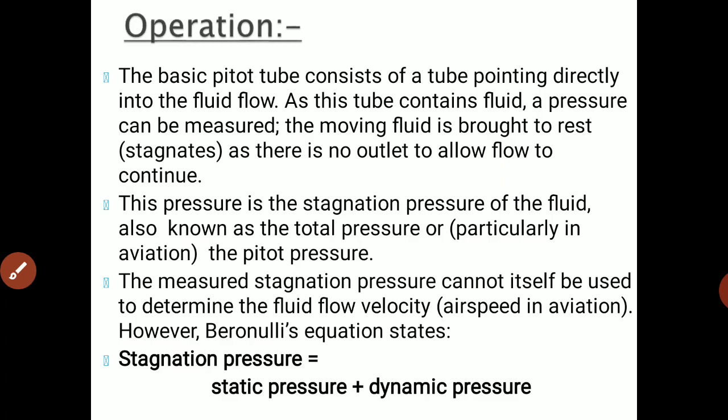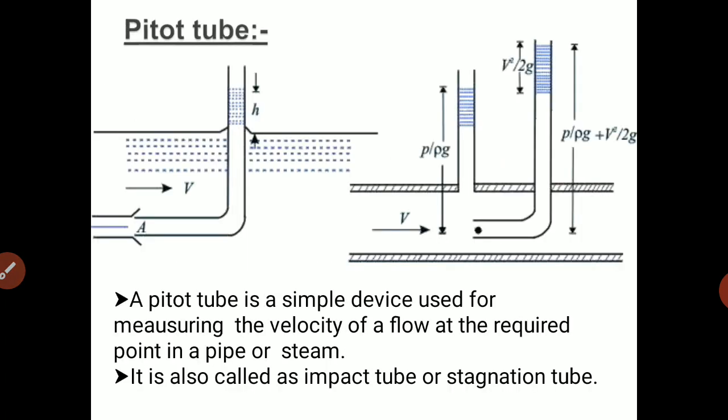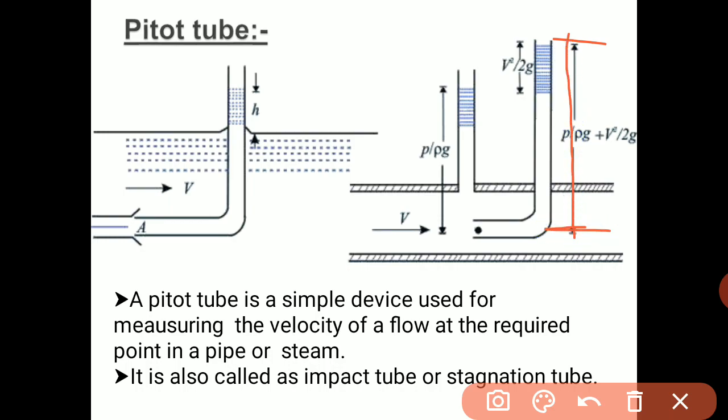What is the stagnation pressure? It is static pressure plus dynamic pressure. So see here, this head is called as stagnation head. Okay, so this is the velocity head, this is pressure head, and the addition of these two will give the stagnation head.